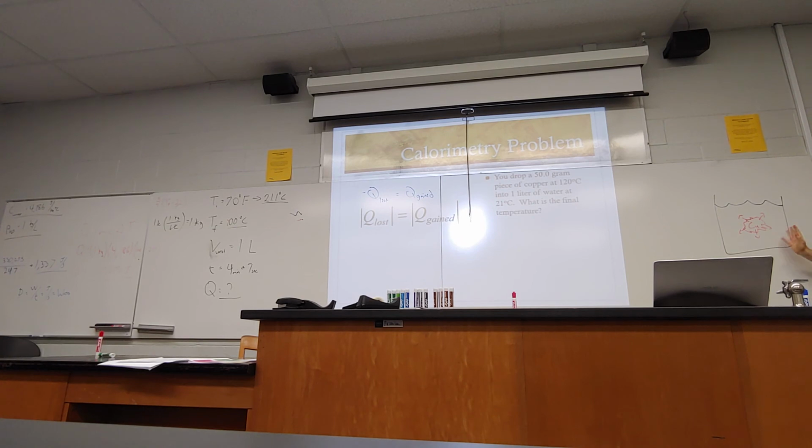And this is kind of a smaller scaled down thing of what blacksmiths do for a living. And what we're going to see here is that due to the differences in the specific heat of copper versus water, the temperature shifts are going to be pretty imbalanced. So, how do you think we should begin?